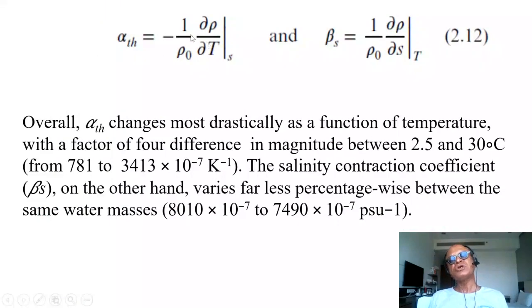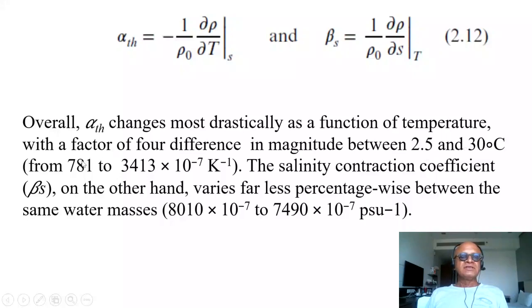Considering this temperature and salinity dependence of density, there is a thermal expansion coefficient which determines the density change with temperature at constant salinity, and there is a salinity impact on density at constant temperature. It turns out that the thermal expansion coefficient is quite sensitive to temperature, so it can vary by a factor of 4 in magnitude when you go from a temperature of 2.5 degrees to 30 degrees centigrade.